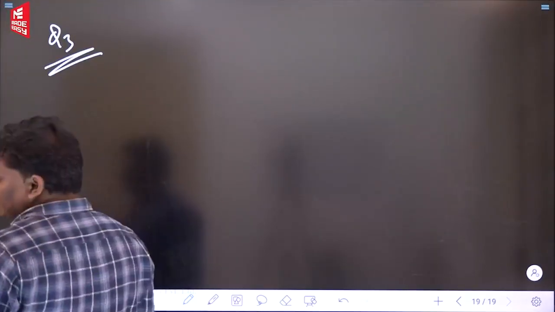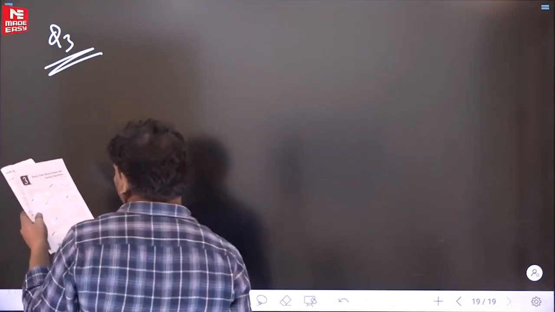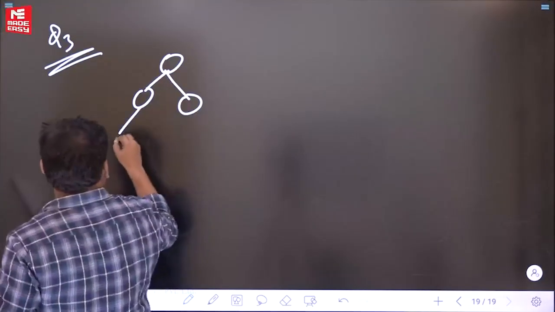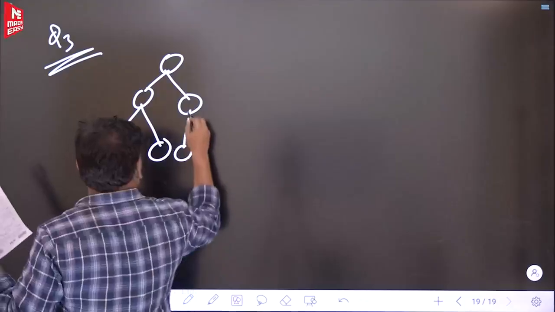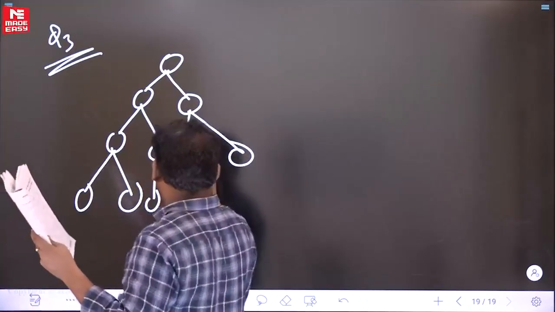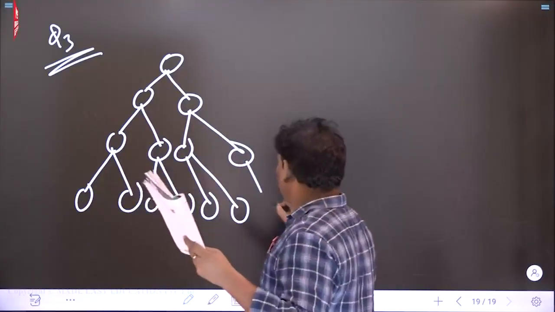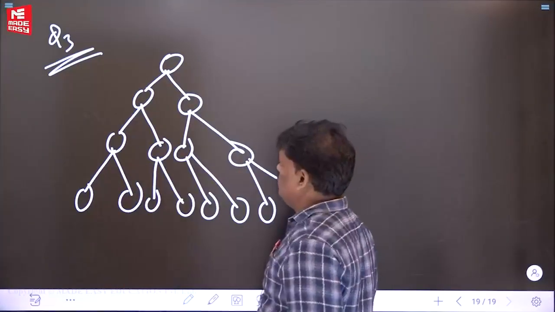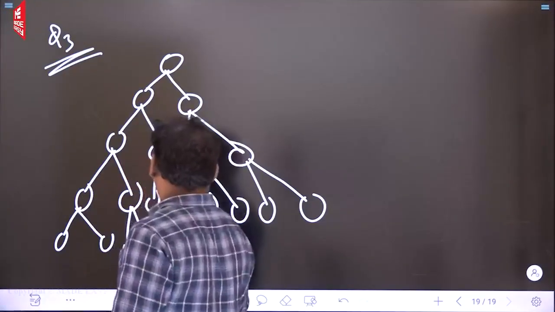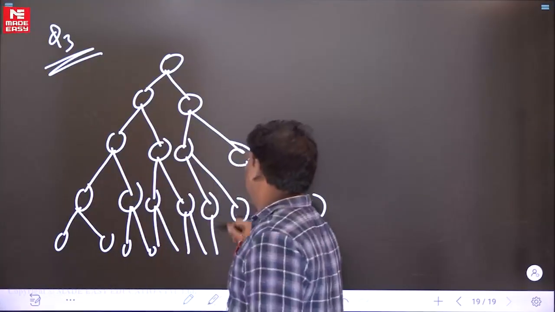A program takes as input a balanced binary search tree with n leaf nodes. Roughly like this.